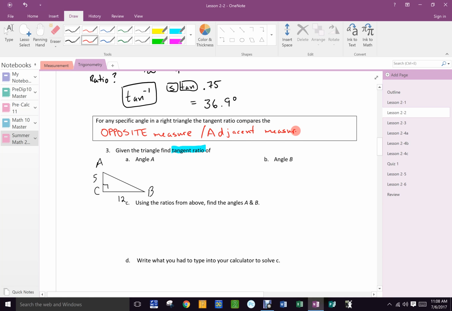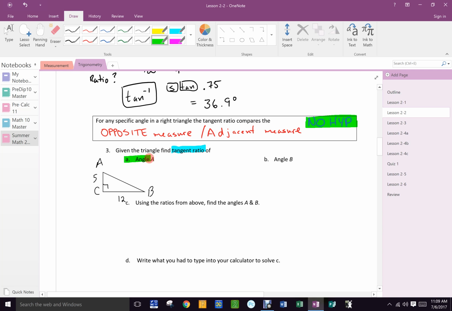And what's the one side that we're never allowed to use for tan? No hypotenuse for tangent. Okay? So, now here is where trig gets difficult. It's not really difficult, but people have trouble with it. I don't know why they do.